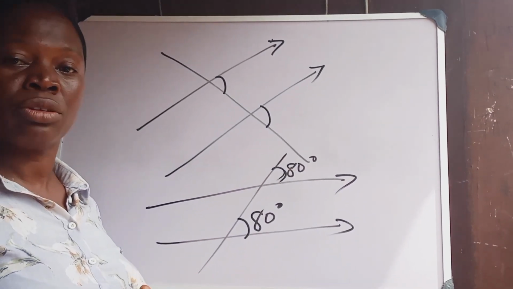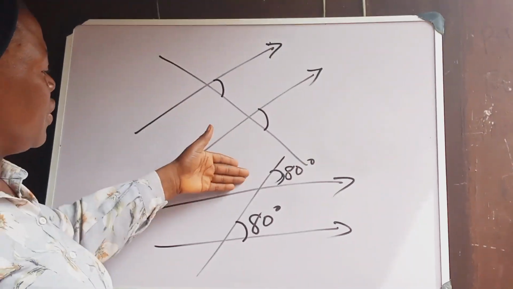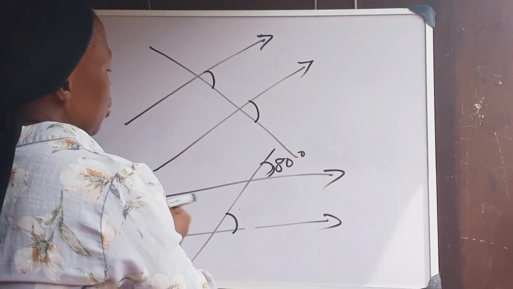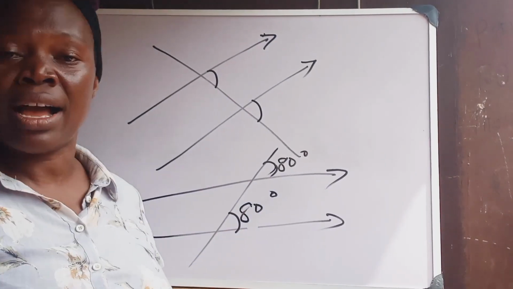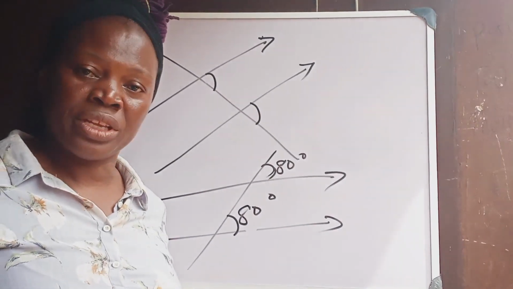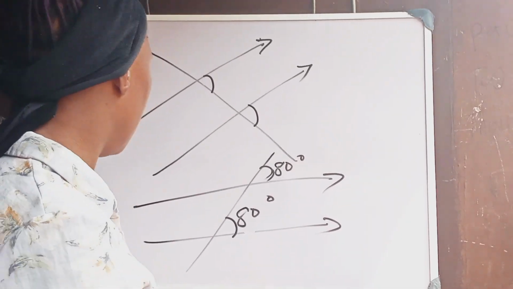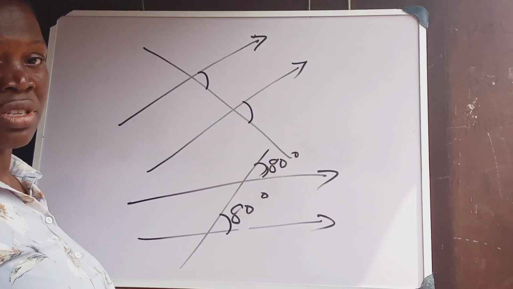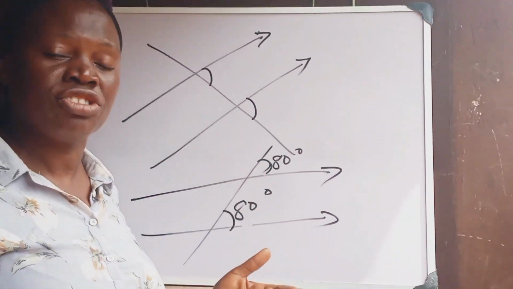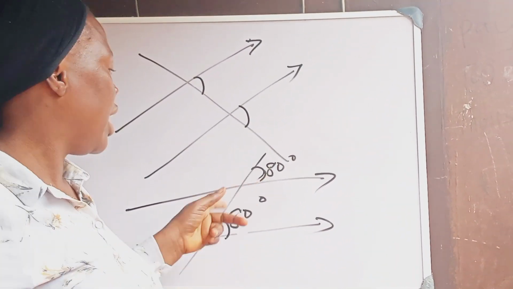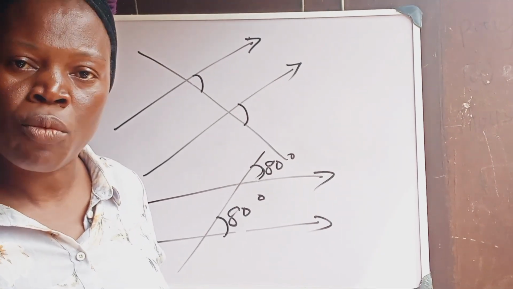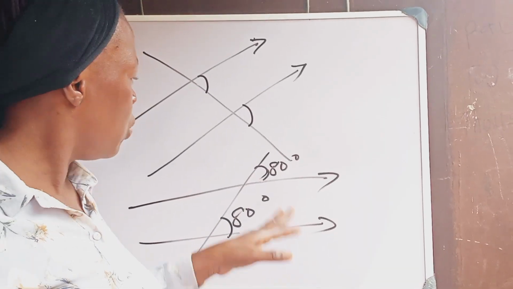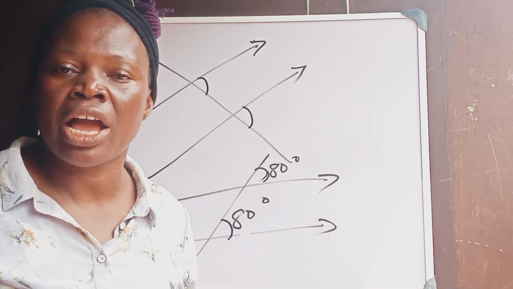So if you are given something like this, and on coming to this place here, you write 80 degrees, and you are asked to state your reasons for doing that, just tell the examiner that these angles are corresponding angles, that they correspond to each other, and therefore they are equal to each other. That's all. When a corresponding angle is involved, they are equal.